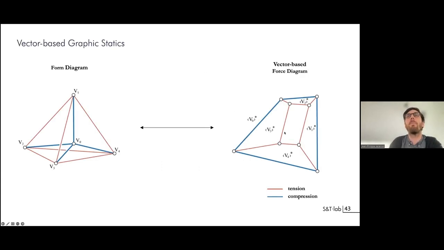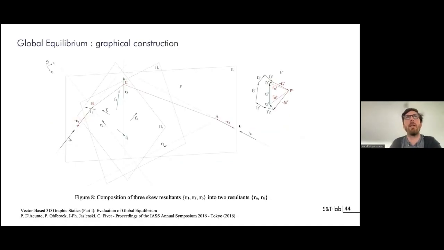Okay, so let's jump back to where we were. So form diagram on the left, force diagram on the right, okay? The idea is, how can we produce a force diagram ourselves? If I just give you Rhino, how do you deal with that? What is the construction, the geometrical construction to build a vector-based force diagram? So first of all, when you have external forces, you need to solve the external equilibrium.